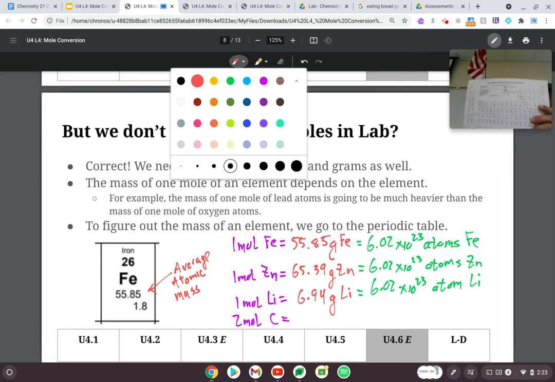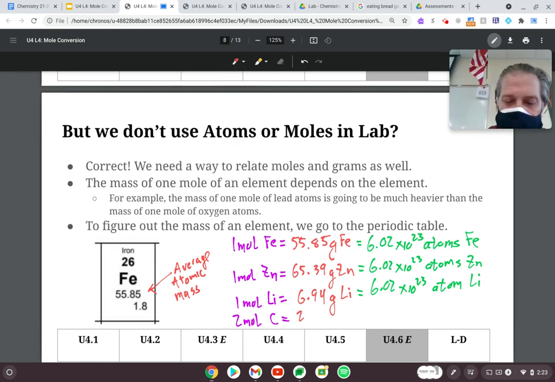Well, I would go to my periodic table and start there. I'd ask myself, how many grams are in 1 mole of carbon? 12.01. But if I wanted 2 moles, it'd be 24.02 grams of carbon. So how many atoms of carbon would that be?